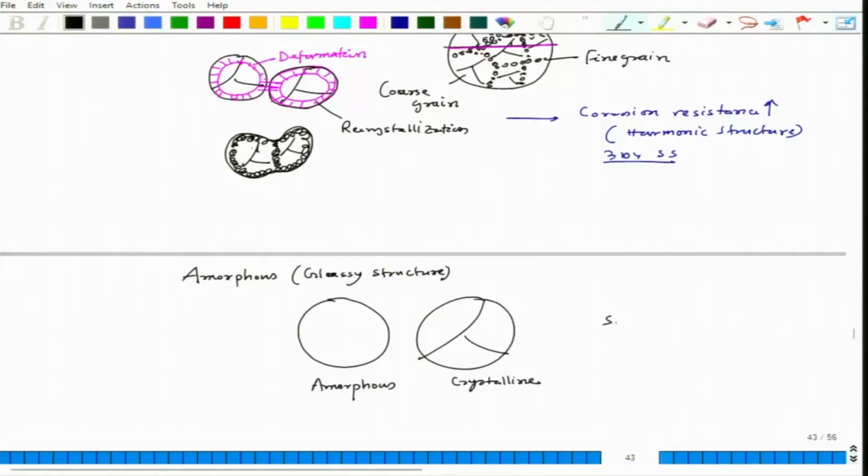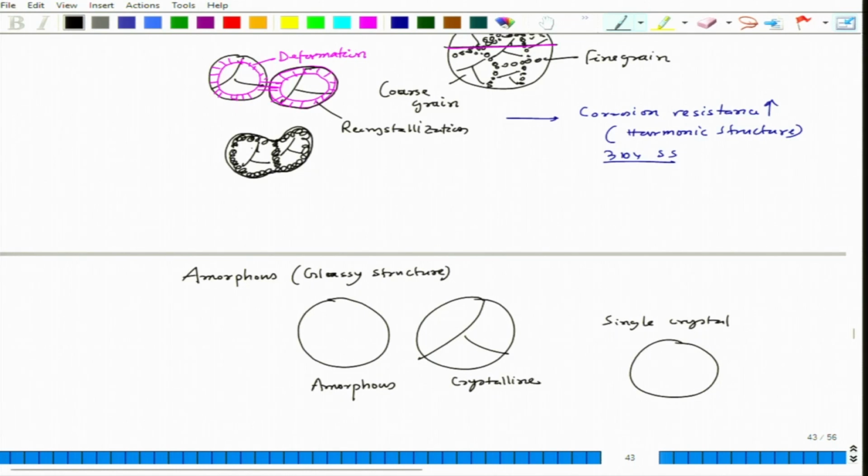In fact, single crystal would also show a very good corrosion resistance because it also does not have any grain boundary. If we talk about single crystal, it is again crystalline but with no grain boundaries. Okay.